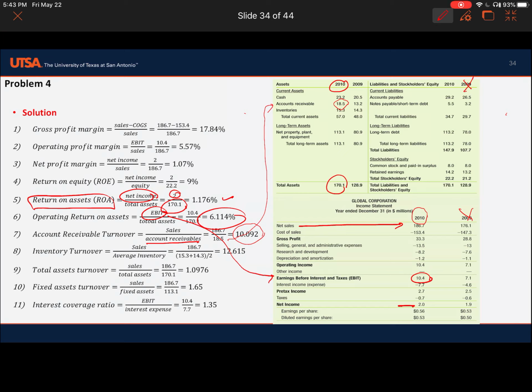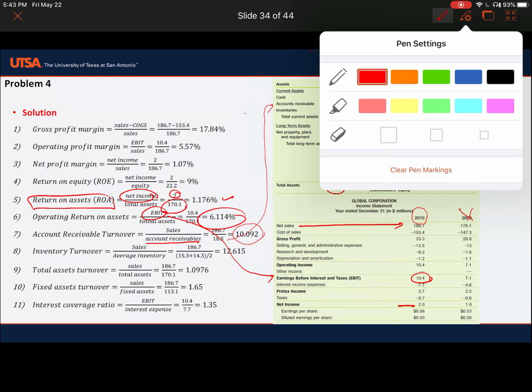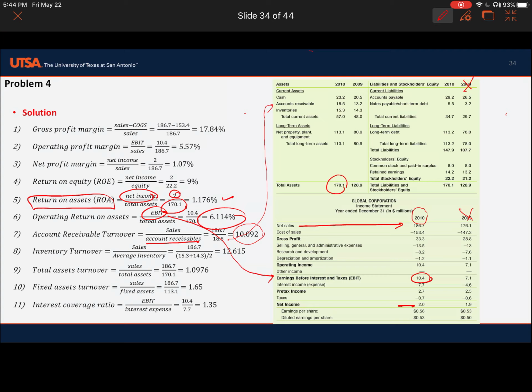Where can we find sales? Sales is in the income statement, here, 186.7. Average inventory: you need to go to the balance sheet, look at the assets part and find the inventory. But we need average inventory. Inventory for 2010 is 15.3, and for 2009, 14.3.